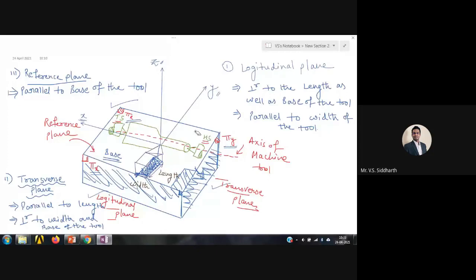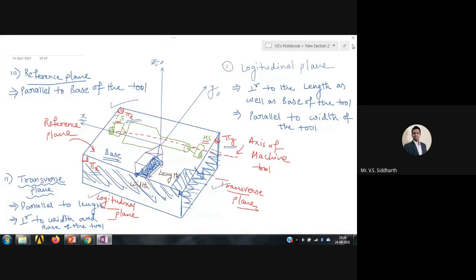In the next class, I will quickly recap these things about the machine plane and all, and we will continue from Monday's class. Right? Or can I continue? If you want me to continue, I can continue up to 11. Shall I continue? No? Why? Okay. So we'll stop here.